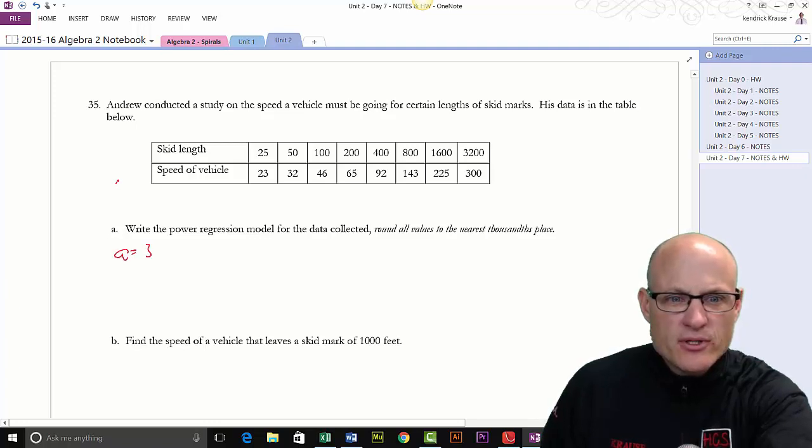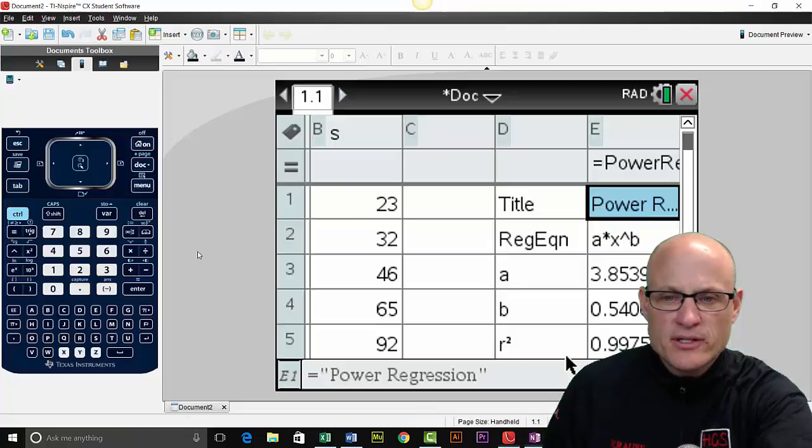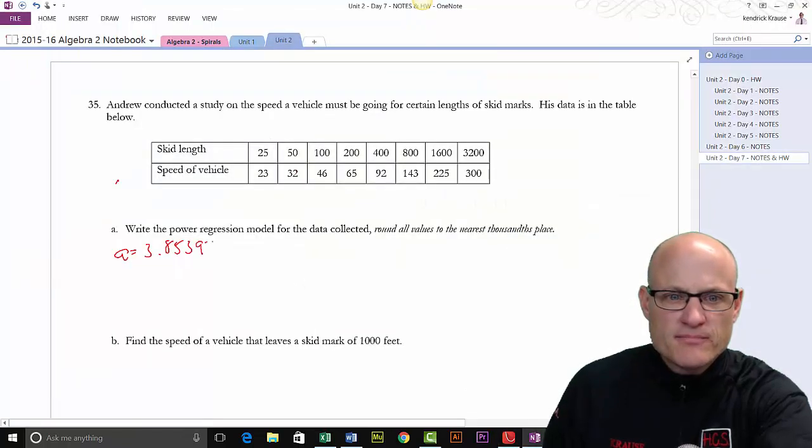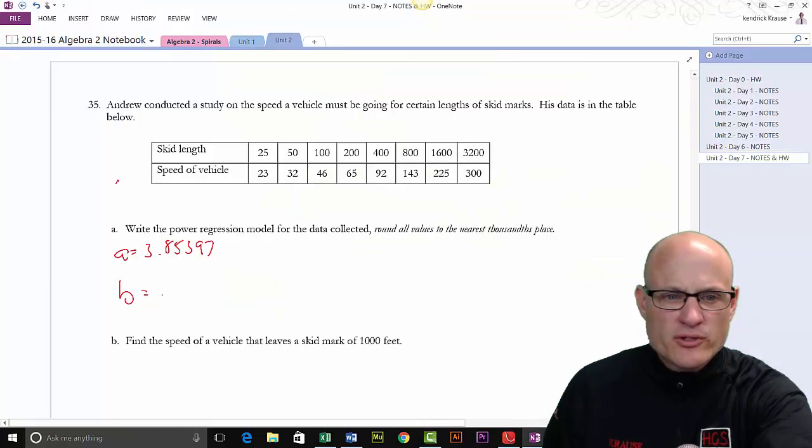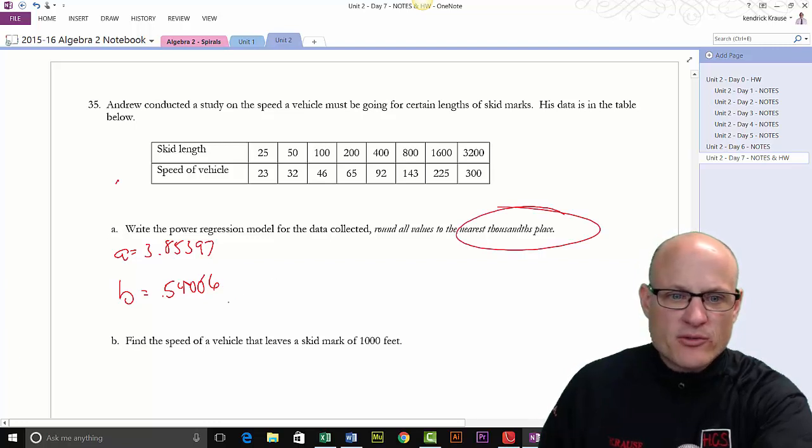A is 3.853 85397. B is 0.54066. It says round to the nearest thousandths place, so 3 decimal places.